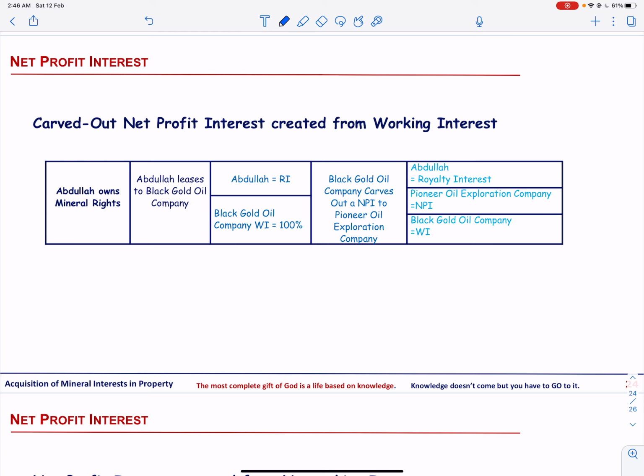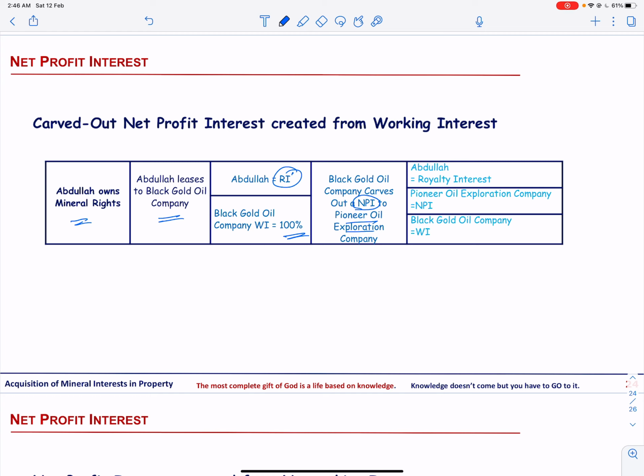So we have Abdullah, he has the mineral rights, he sells it to Black Gold Oil Company. So Abdullah has the royalty interest, Black Gold Oil Company has 100% of working interest, and Black Gold Oil Company carves out a net profit interest to Pioneer Oil Exploration Company. So Abdullah has the royalty interest, Pioneer Oil Exploration Company has net profit interest, and Black Gold Oil Company has working interest.